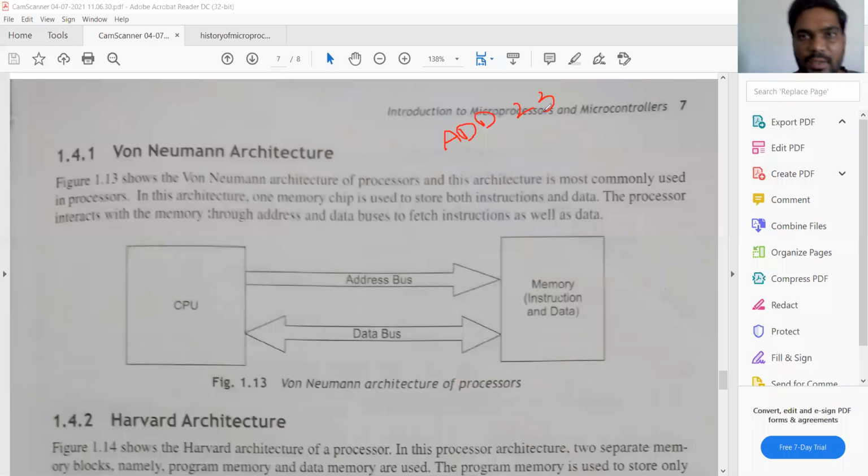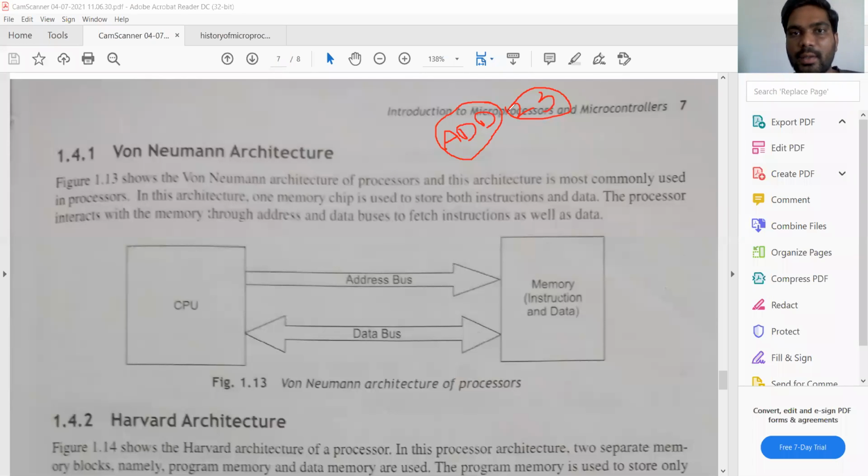So I'm just trying to differentiate between what is instruction and what is data, right? So this is what is called instruction, and these 2 and 3 are called data. So instructions are nothing but commands.